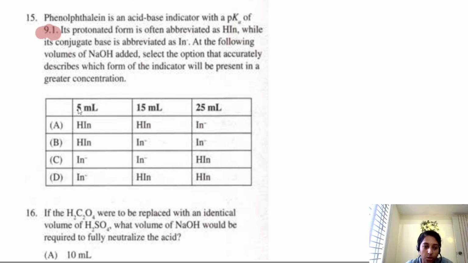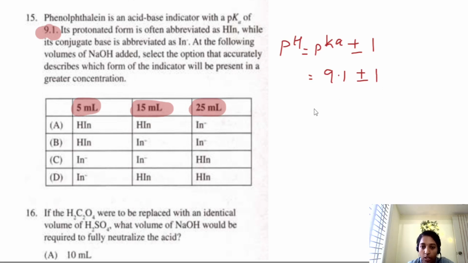So the question is, at 5 ml of NaOH, which form of the indicator is dominant? At 15 ml of NaOH, which is dominant? We are talking about the indicator. So for an indicator, you can think of the pH as pKa plus or minus 1. So pK is 9.1, which means plus or minus 1. So what is the range?